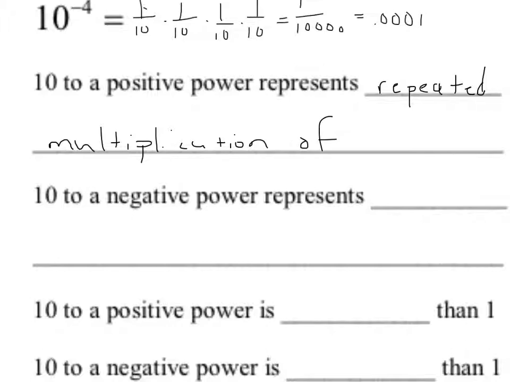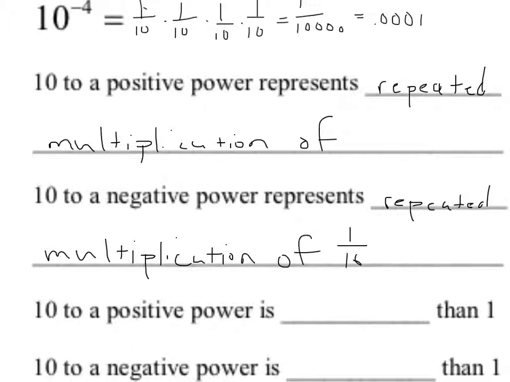Now if we have 10 to a negative power, we know that's a repeated multiplication of 1/10, because we're working with the reciprocal if there is a negative exponent.